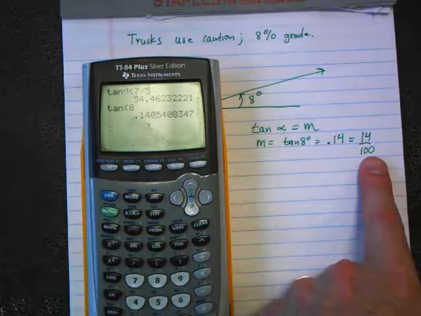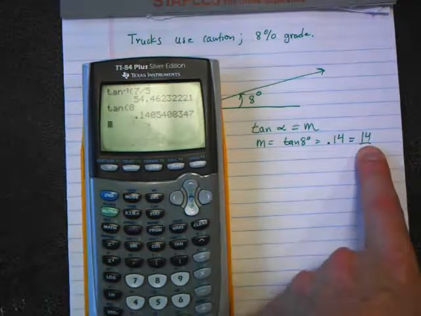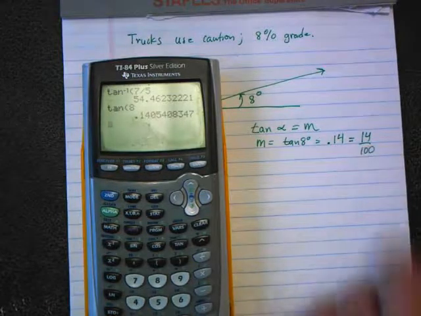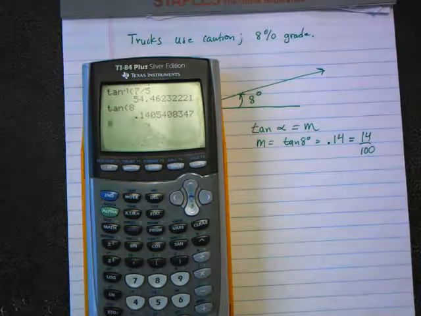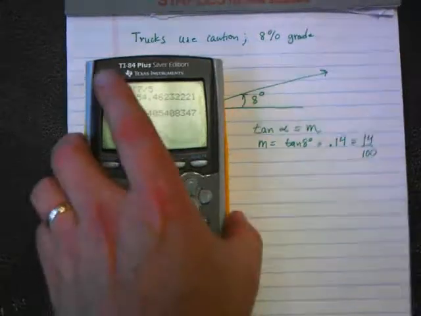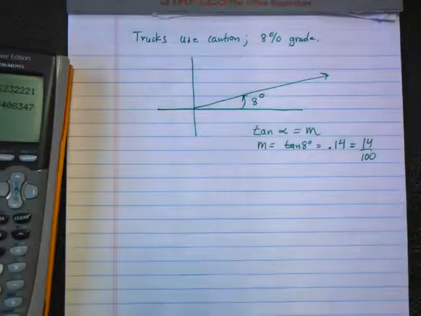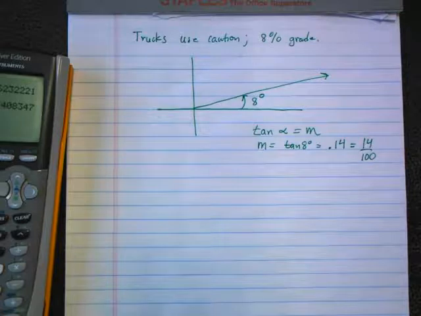So every time you go 100 feet across, you go about 14 feet up. Depends on which way you're going, if you're going this way or that way. Correct. All right, questions on anything?